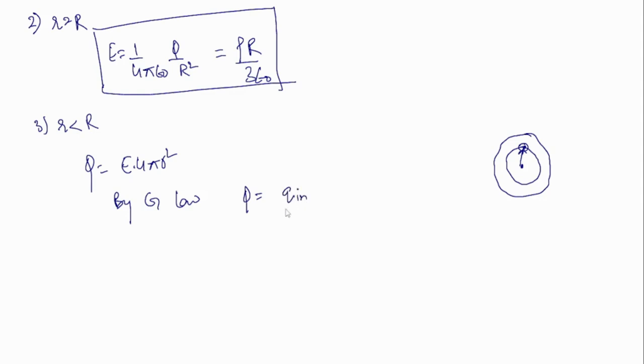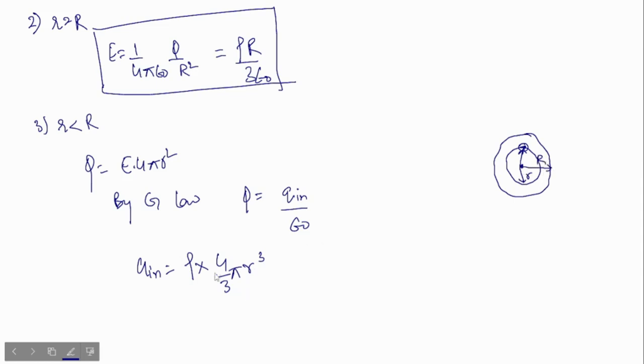Now what is Q enclosed here? Q enclosed will be rho into this volume, meaning the volume of the small sphere, which is 4 by 3 pi into small r cube. This is small r and this is capital R, the bigger one.